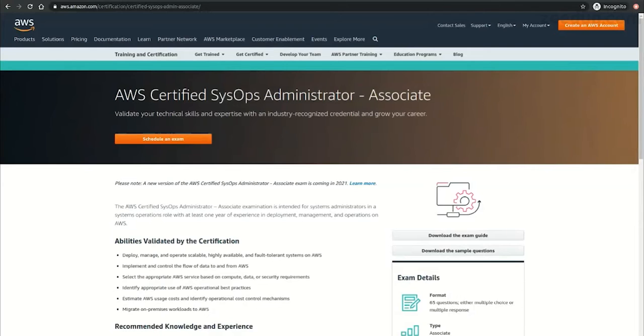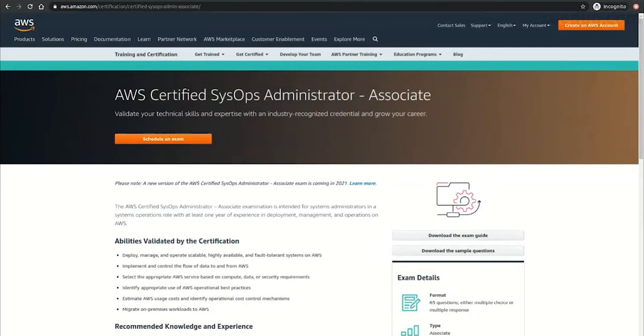All these things are taken care of by system administrators.